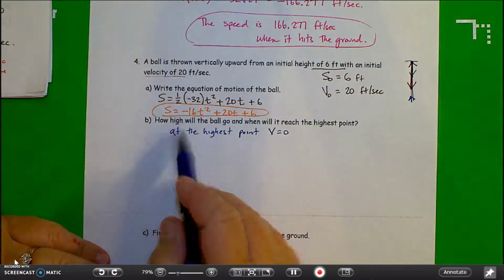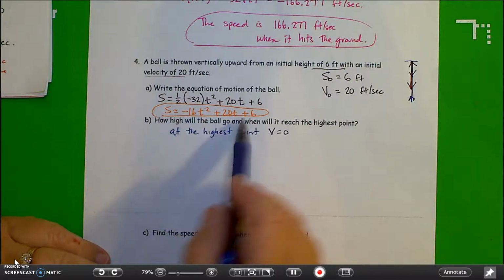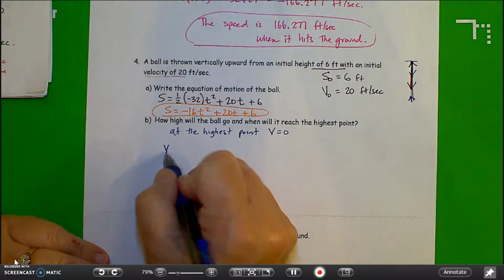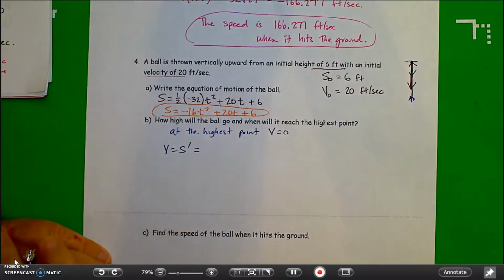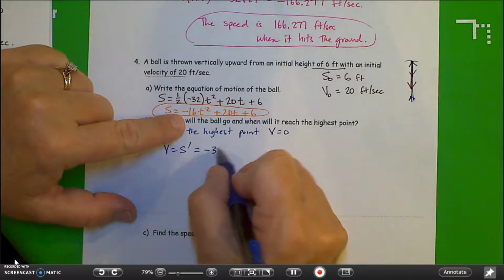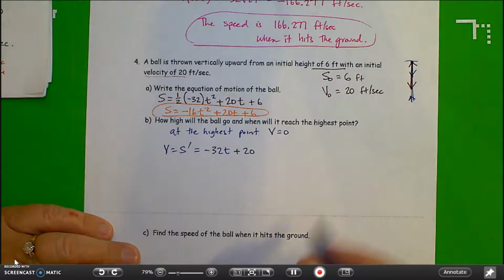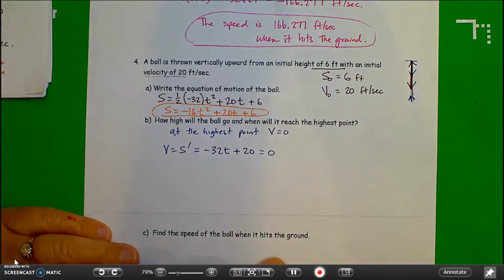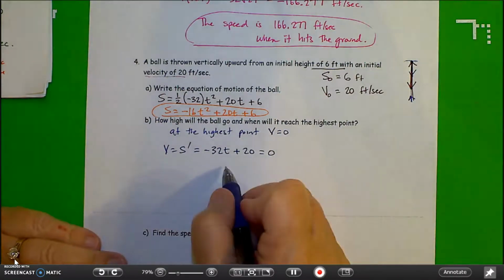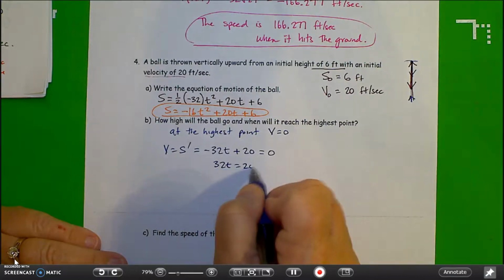So we need a velocity equation here. If we set the velocity equation equal to 0, we can see what time this occurs. So velocity is the rate of change of position. So we get negative 32t plus 20. The 6 goes away. I need to set that to 0. So let's see, I've got 32t equals 20.